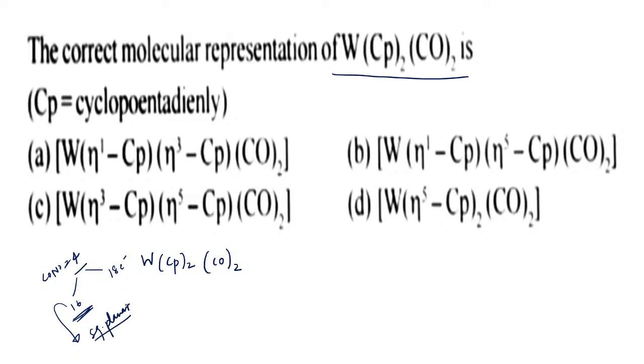And if it's an 18 electron system, the complex is tetrahedral. So if the complex follows the 16 electron rule, the geometry is square planar, and if it follows the 18 electron rule, the geometry is tetrahedral, specifically for coordination number 4. Now you tell me, is it an 18 electron complex or a 16 electron complex?